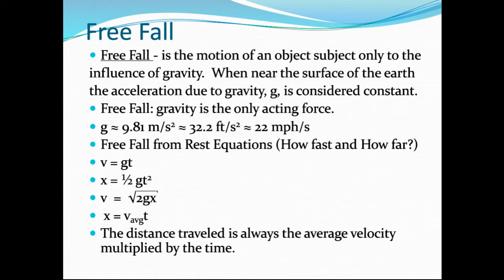You will find that the instantaneous speed or instantaneous velocity is double the average for the same time interval. That is a useful concept to know, and we'll come back to that occasionally. But it is true, the distance traveled is always the average velocity multiplied by the time.